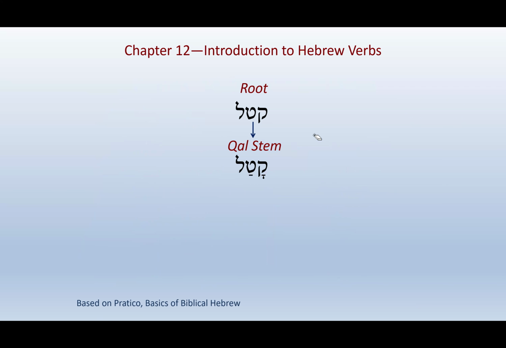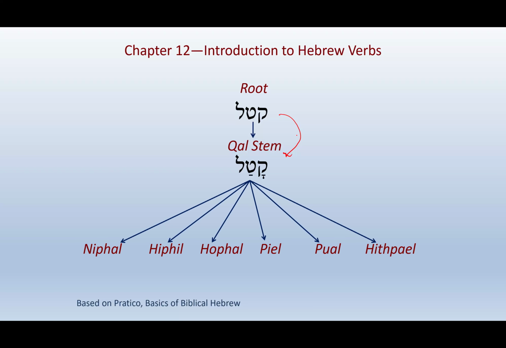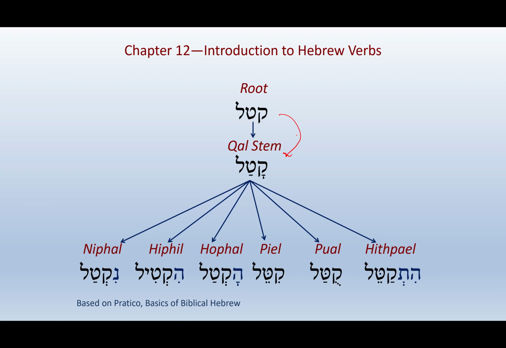And really, this is the most common way to get from the root to the Qal, is by adding those 2 vowels. So that's the Qal stem. And then from that, we have the derived stems. And so, by the way, qatal, we'll be using that. It has the root meaning of kill. So for the Qal, it means he killed.